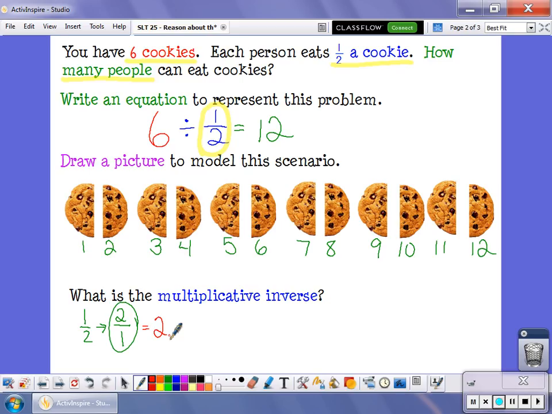So if I look, instead of 6 divided by 1/2, what I've really done is 6 times 2. And that gives me my 12 pieces of cookies. Because I want you to think about it. When you divide something in half, you're actually breaking it into 2 pieces. So you're taking every whole and creating 2 pieces. It's like 6 times 2 now.